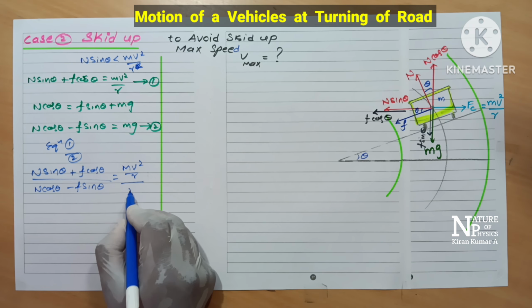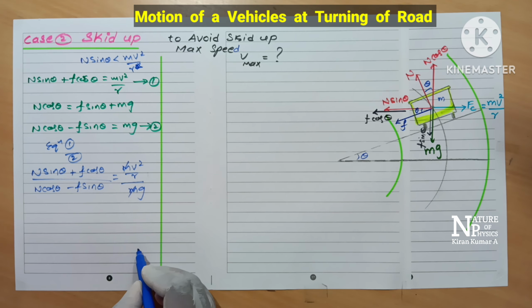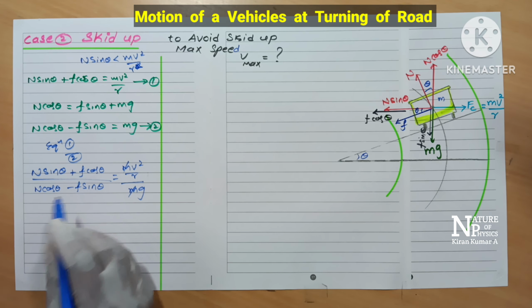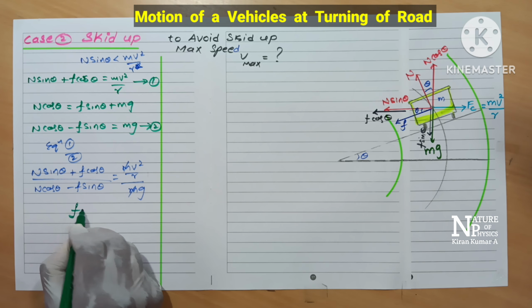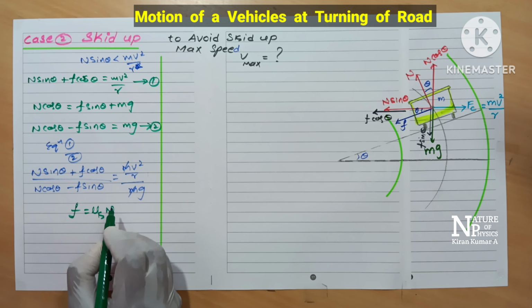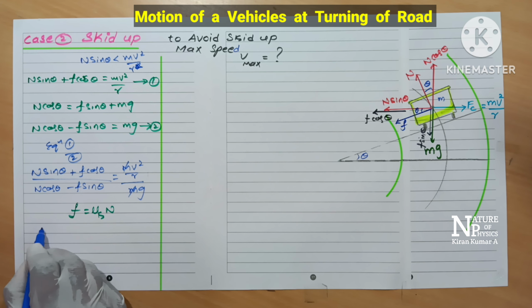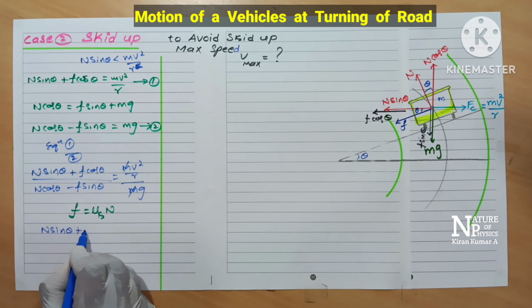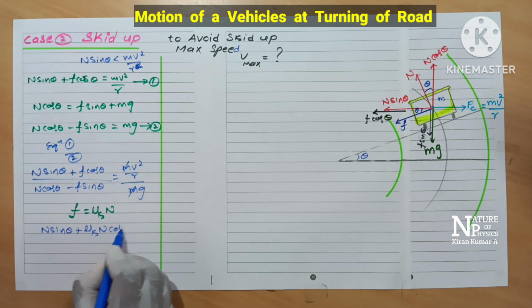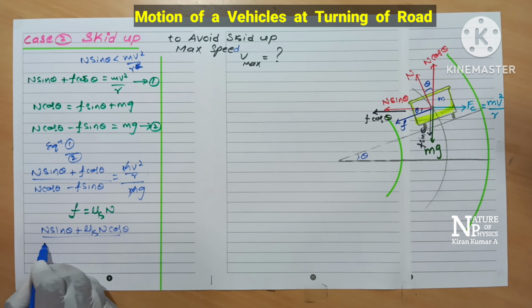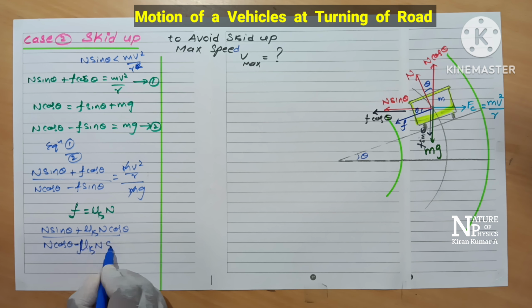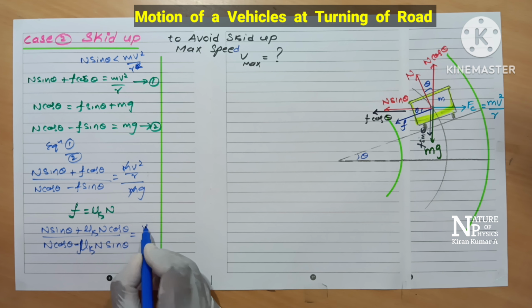In numerator and denominator, the m cancels, and we replace the frictional force: f is equal to mu k into N. So N sin theta plus mu k N cos theta, divided by N cos theta minus mu k N sin theta, which is equal to v square divided by rg.